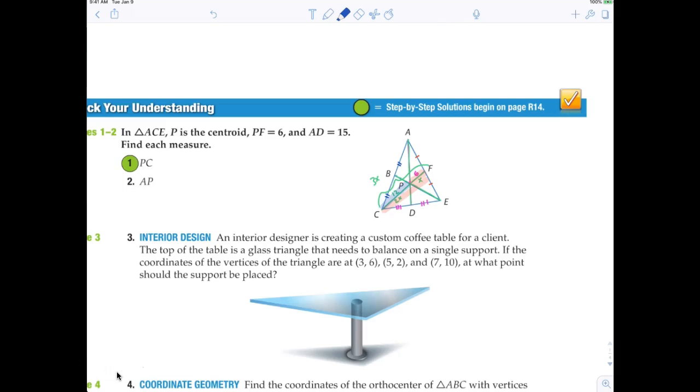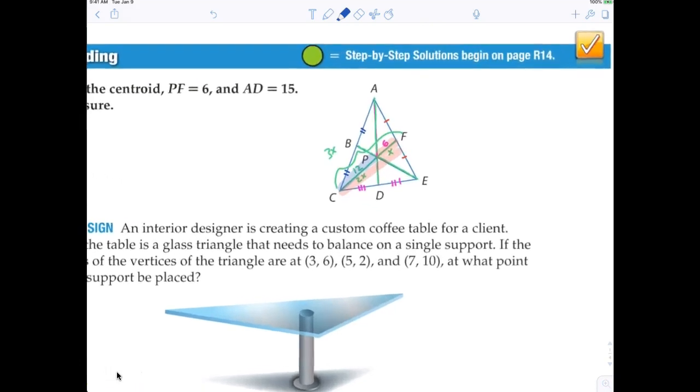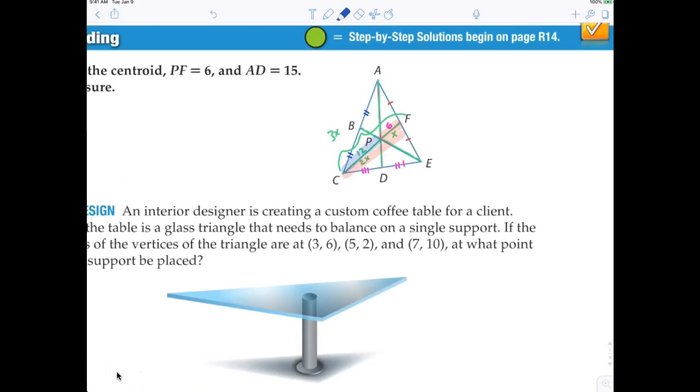So we found PC and did we find AP? Is this what we're trying to find now? Okay, so in order to find that, we have to know that AD is what?